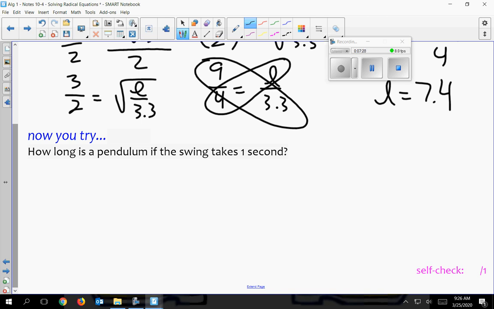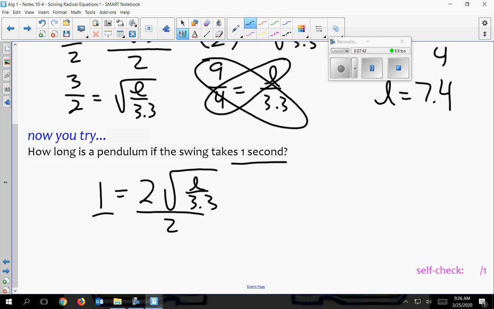Once again, I'm going to take the 1 second and put it in for time. So 1 equals 2 square root L over 3.3. I'm going to divide both sides by 2 again, to isolate the variable. Okay, got to get rid of the radical, so I'm going to square both sides.